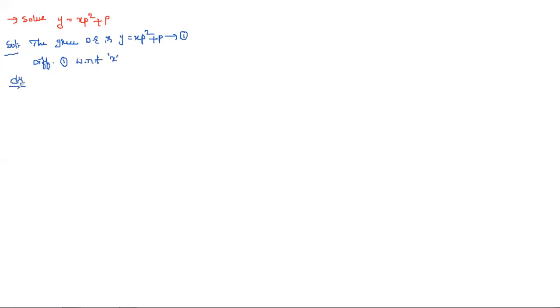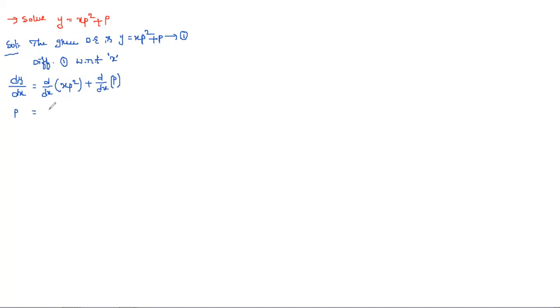dy by dx is equal to dy dx of xp square plus dy dx of p. Already we know that dy by dx is nothing but simply p, and here it is a product of two functions, so we need to apply the UV rule.